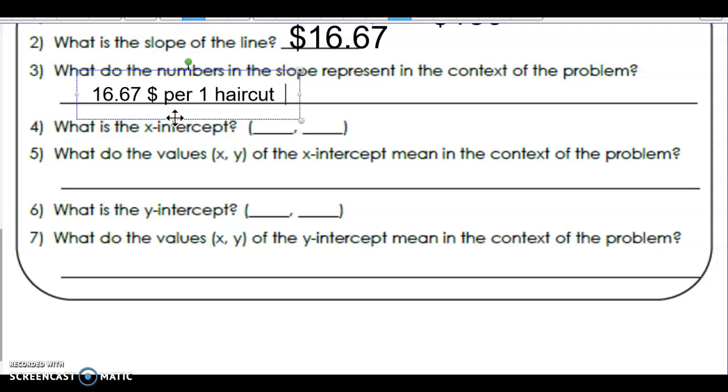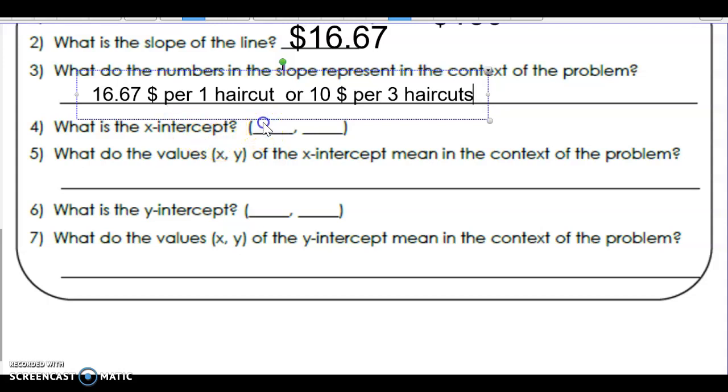So another way of thinking of this is $10 per 3 haircuts. I think that's right.